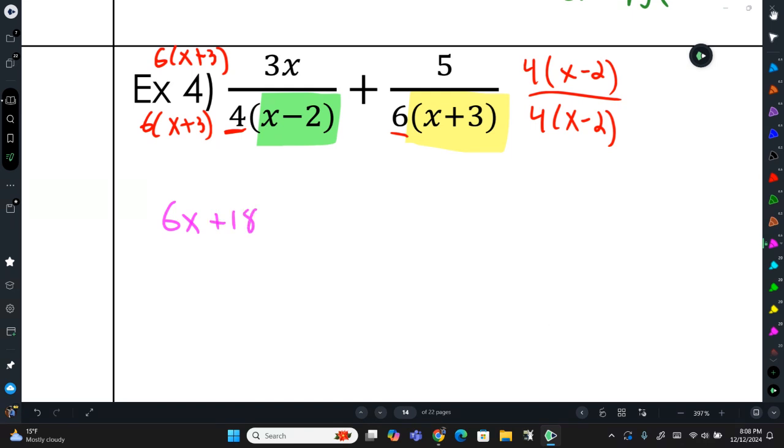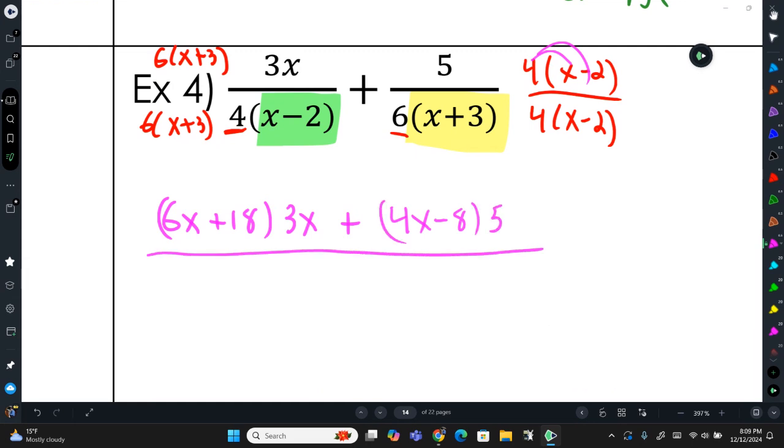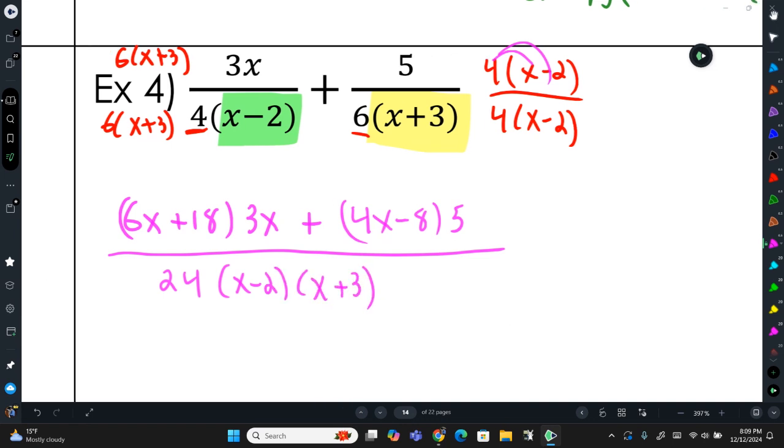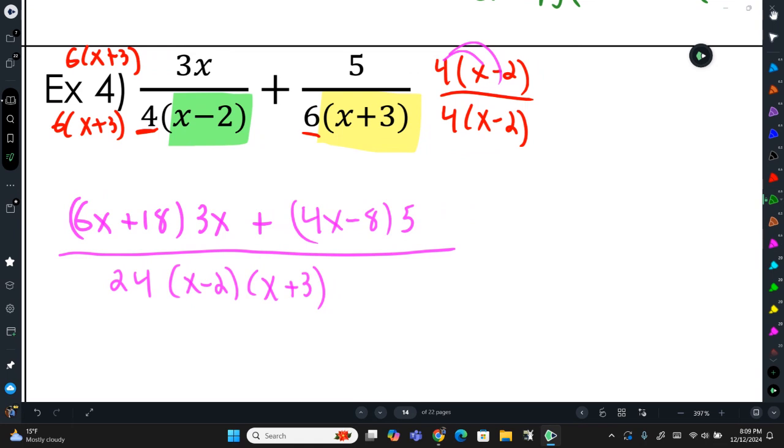So now we're going to do 6x plus 18 times 3x plus 4x minus 8 times 5 all over that common denominator, 6 times 4 is 24 times x minus 2 times x plus 3. So now we're going to distribute in the numerator.